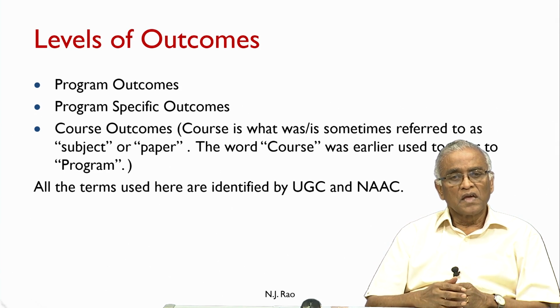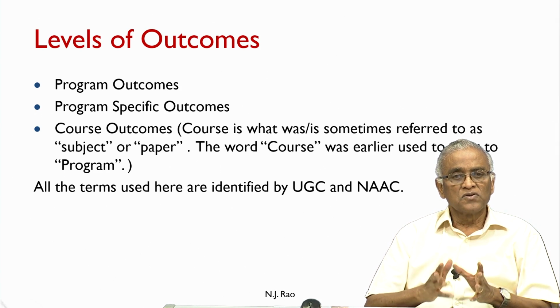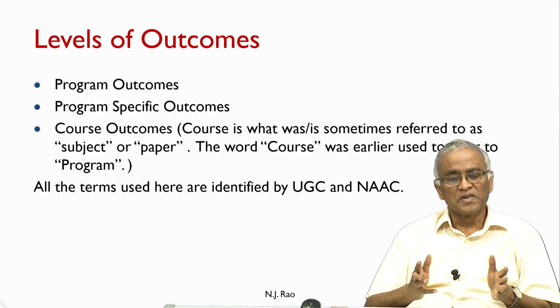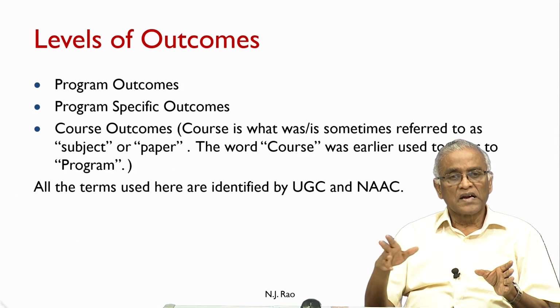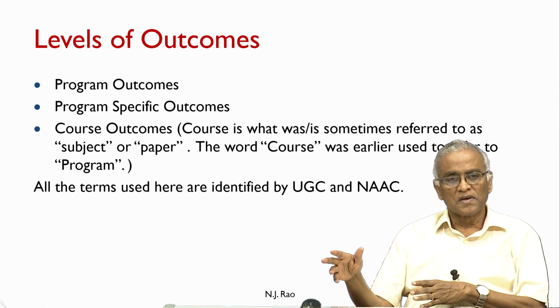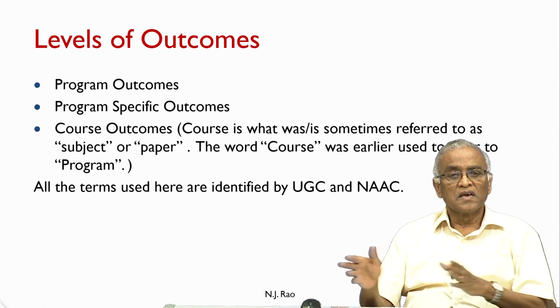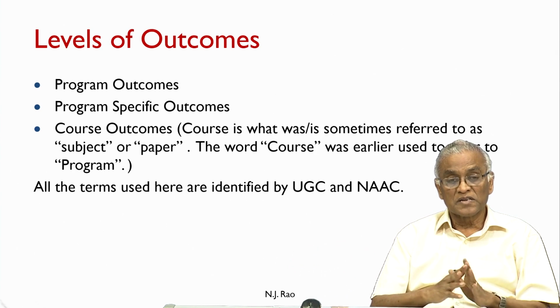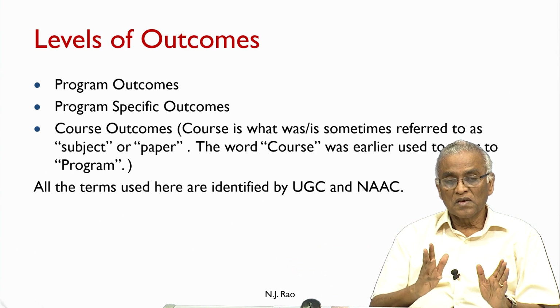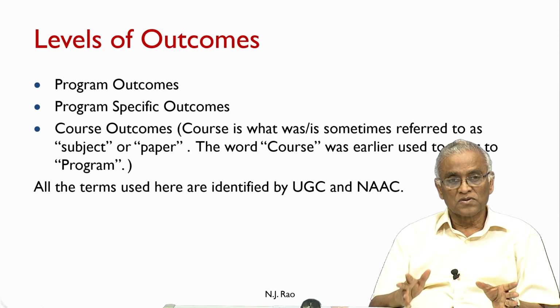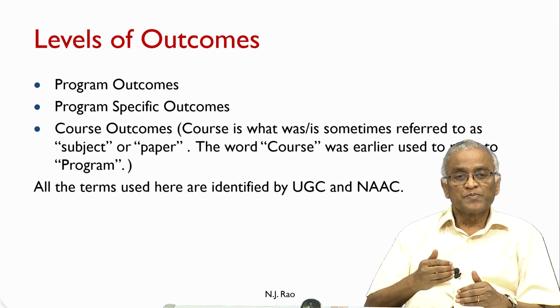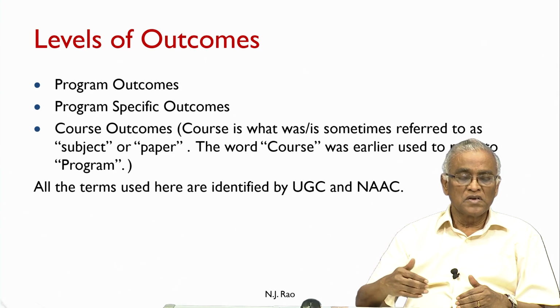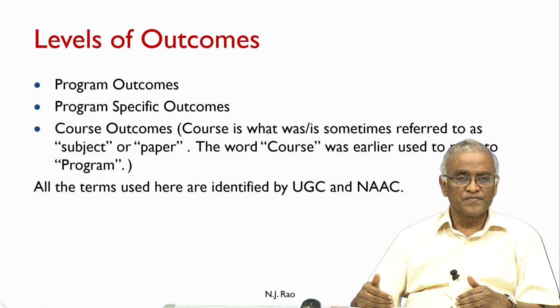That means every graduate should attain these outcomes, irrespective of whether he is a graduate from a BA in music program or a BA in philosophy or BA in mathematics; he must attain these outcomes irrespective of the program that he is going through. And there are program specific outcomes. If he is doing a BA in economics, what specific outcomes should he attain? That is program specific outcomes.